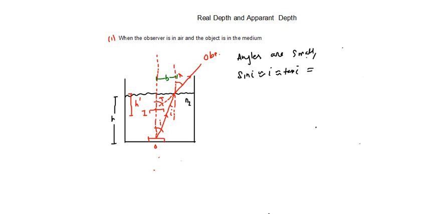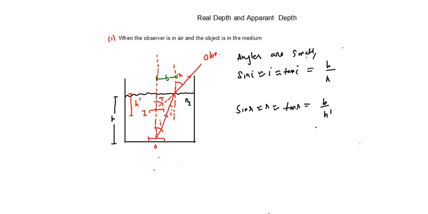So tan I becomes B by H, perpendicular by base. Similarly, sine of R is equivalent to R, equivalent to tan of R, which is again perpendicular by base, this time the base is H dash, so B by H dash.